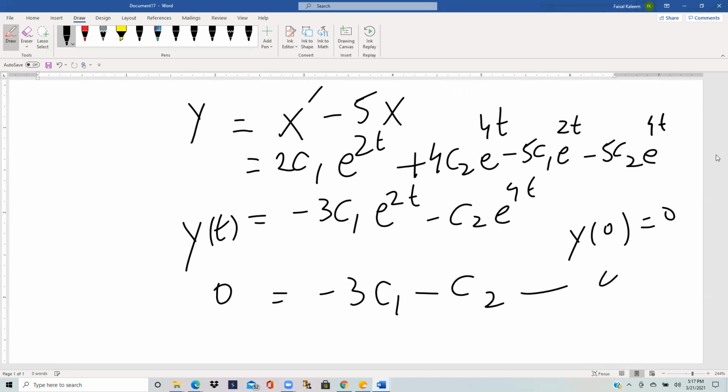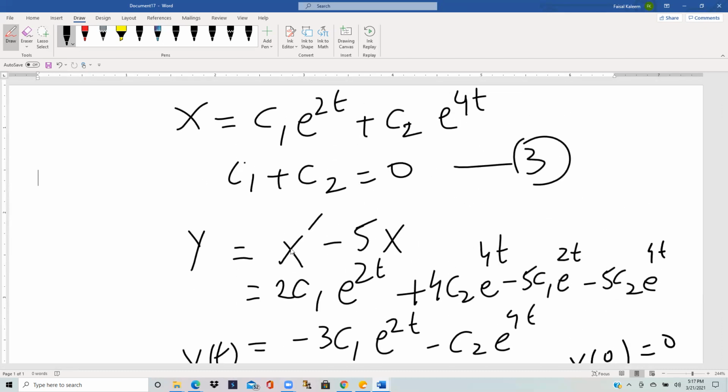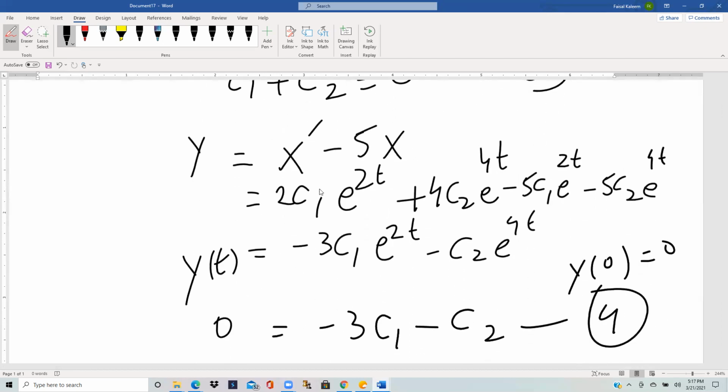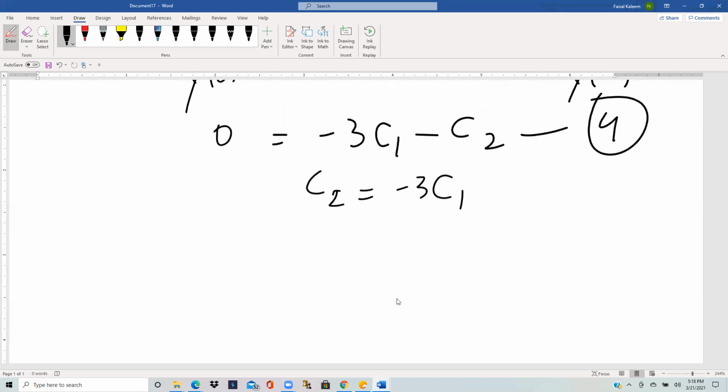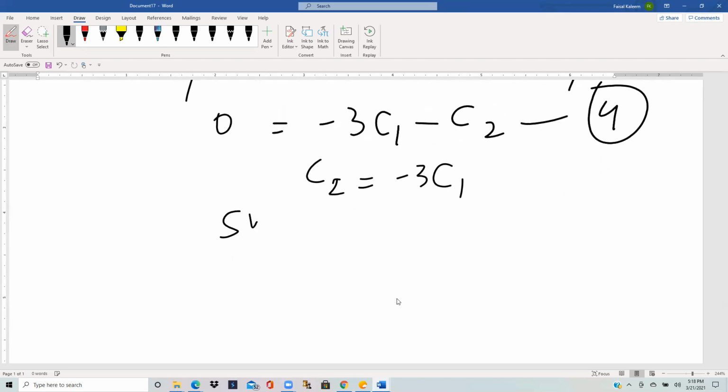So let's call this number 4. And solving 3 and 4, c1 plus c2 is equal to 2. So from here, c2 is equal to negative 3c1. So substitute this in 3.